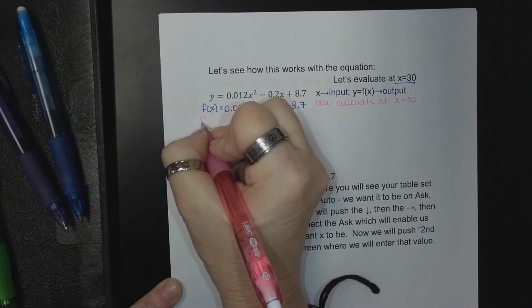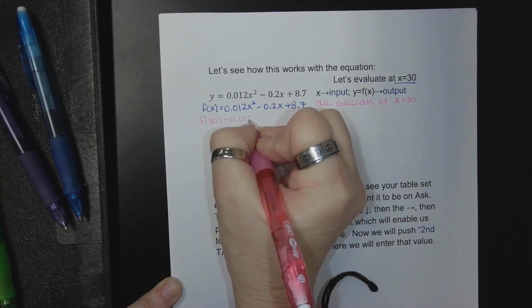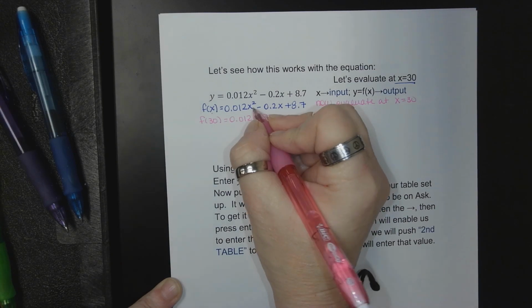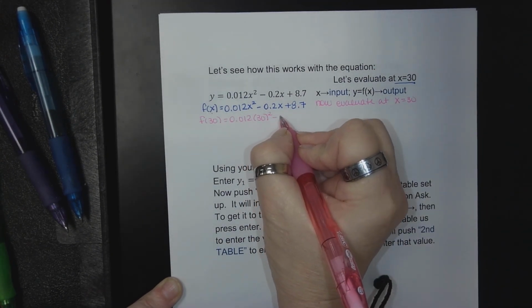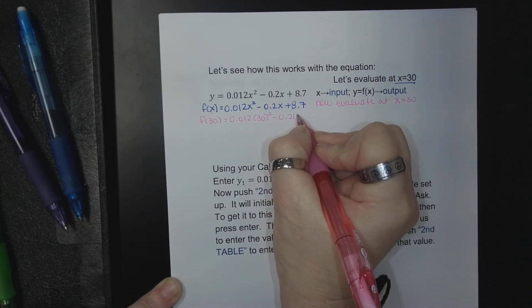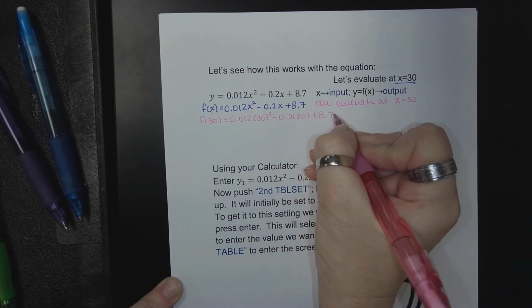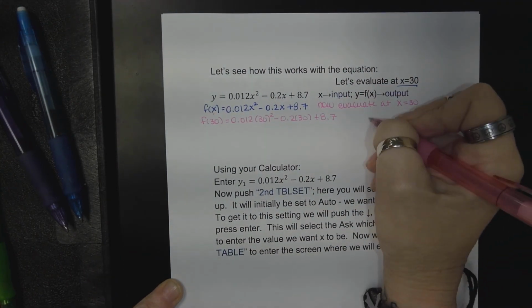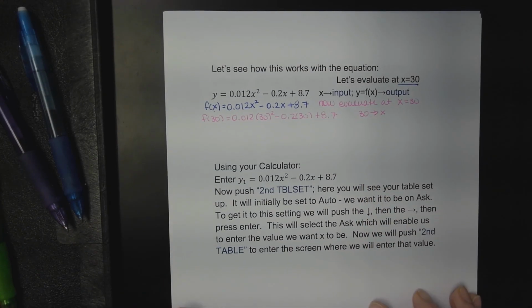So we're going to say f of 30 equals 0.012, put 30 here in parentheses, always in parentheses when we plug something in for x, squared minus 0.2 times 30 plus 8.7. Okay, so what we did in this step is we plugged 30 in for x.